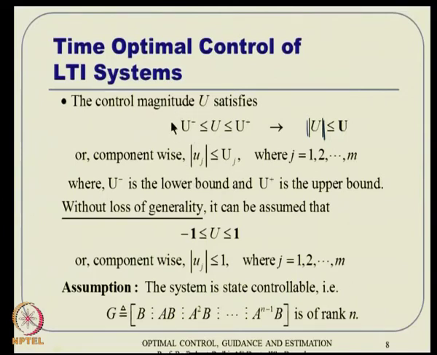So uj minus is the lower bound of this small uj, and uj plus is the upper bound of this small uj. Again, without loss of generality, we can assume that these bounds are nothing but minus 1 and plus 1, and we can do that by absorbing the magnitude into the B matrix.